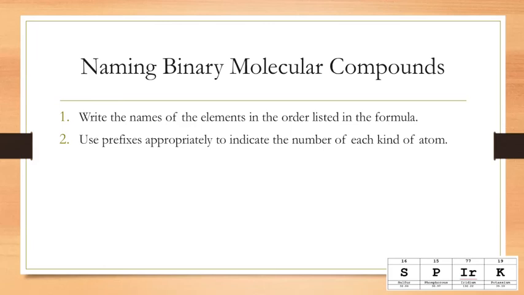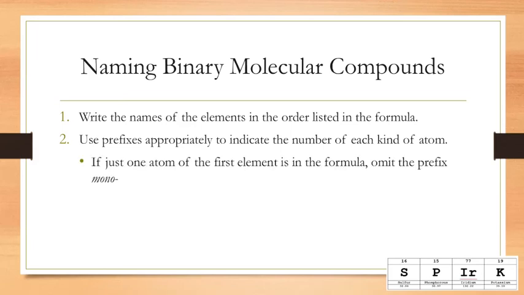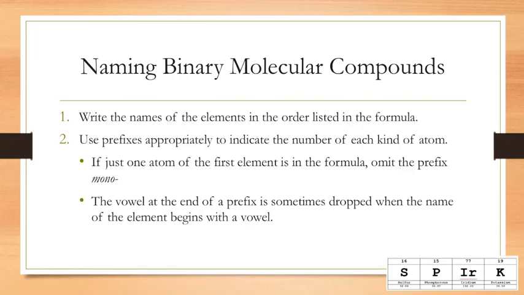Then we use prefixes appropriately to indicate the number of each kind of atom. If just one atom of the first element is in the formula, we omit the prefix mono. The vowel at the end of a prefix is sometimes dropped when the name of the element begins with a vowel. Our third step is to end the name of the second element with the suffix IDE.